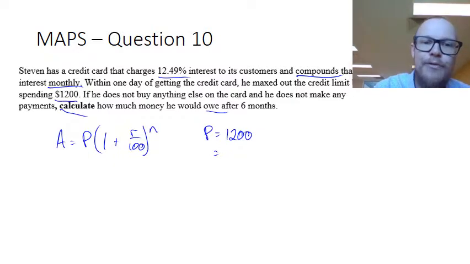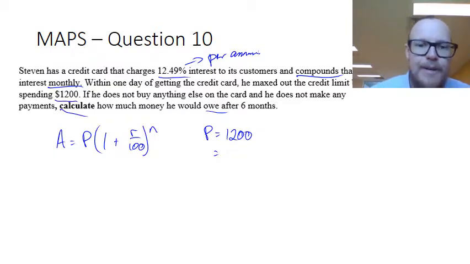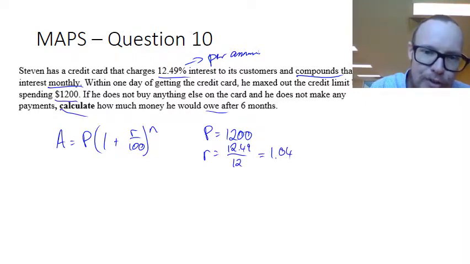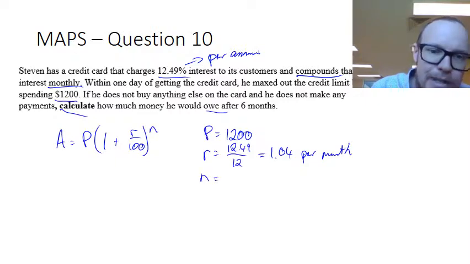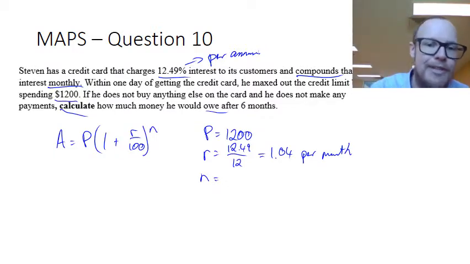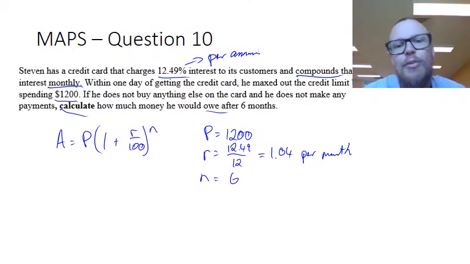This is 12.49% per annum, compounded monthly, so we take 12.49% and divide by 12, and that gives us a rate of 1.04% per month. N is the number of consecutive compounding periods. After 6 months, that's 6 compounding periods.